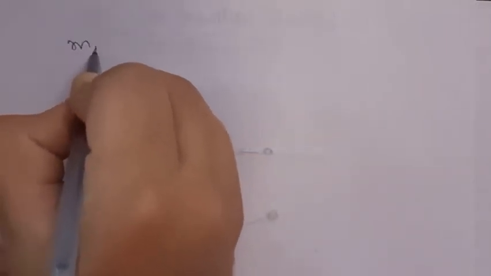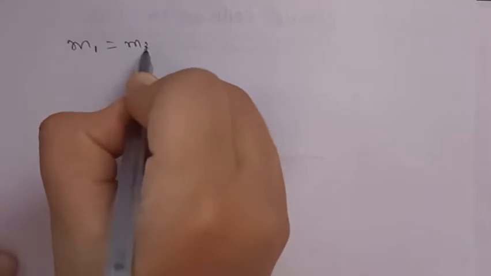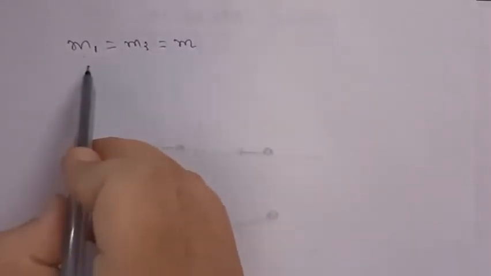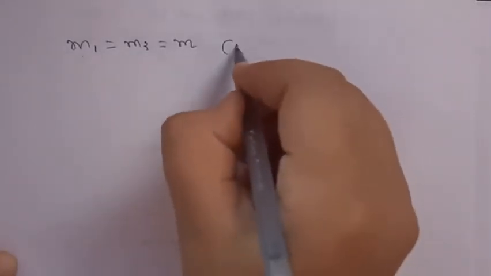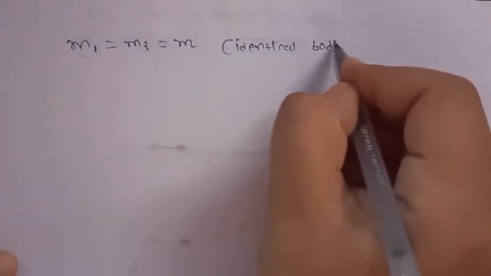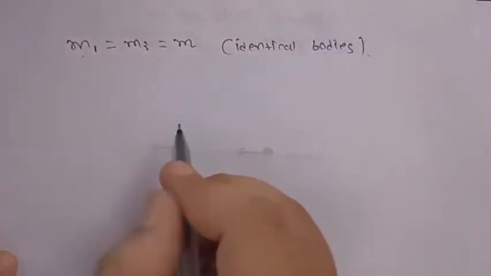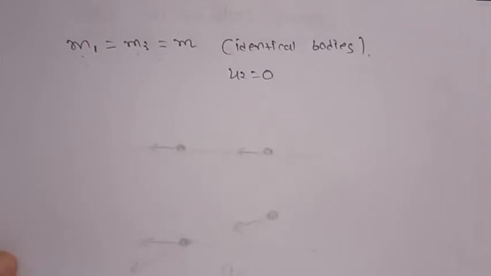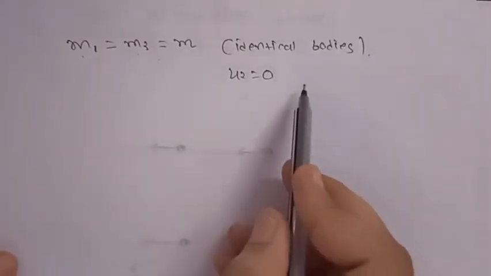We will see a special case in which m1 is equal to m2 is equal to m. There are two identical bodies and one of the bodies is at rest, so u2 is equal to 0.